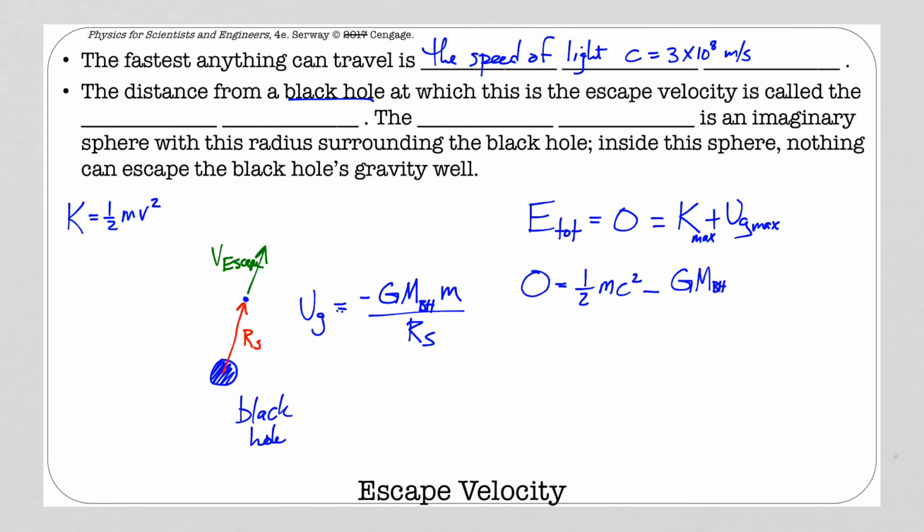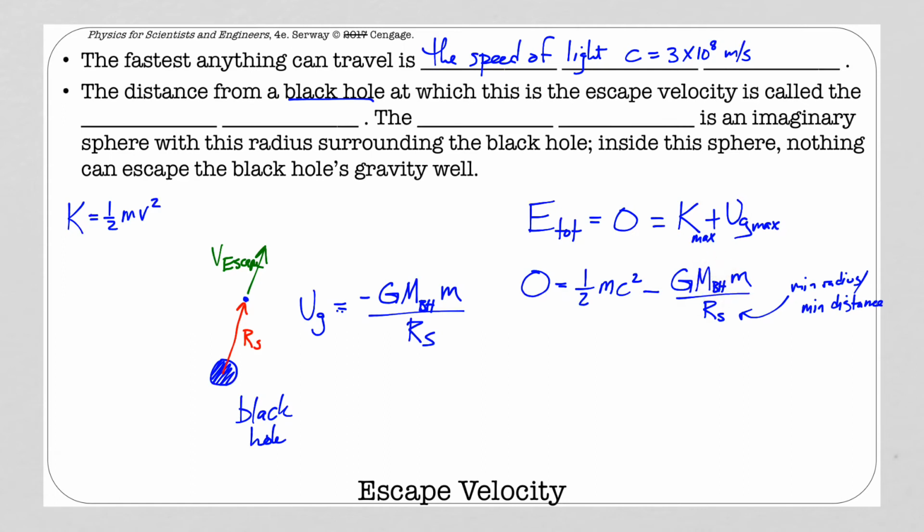That would be G times the mass of the black hole times our mass divided by RS, where this would be the minimum radius, because a smaller denominator would give us a bigger overall value, and this should be our maximum gravitational potential energy. This is the minimum radius, the minimum distance that we can be from a black hole with a given size, a given mass.